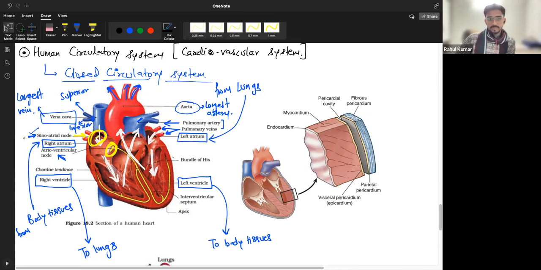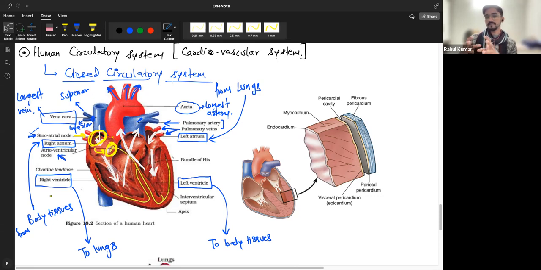So this SA node generates some current which gets passed on to the AV node, atrioventricular node here. So first the atria contract, followed by the ventricles. If you see videos of a beating heart, first the atriums contract and then the ventricles contract.